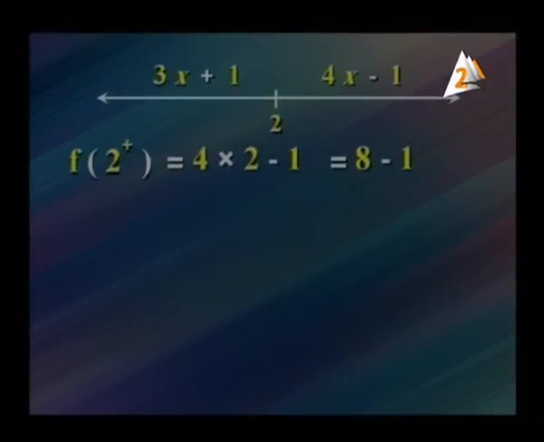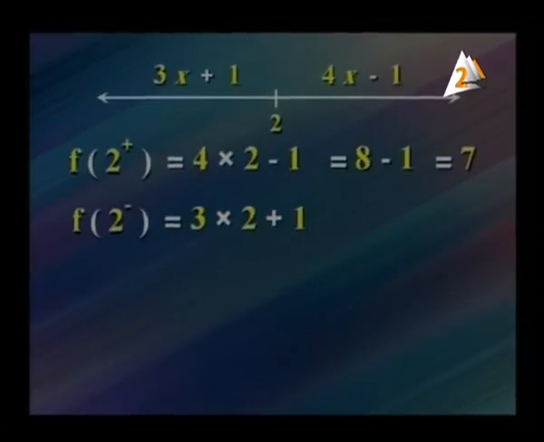Look at the opposite figure. f(2+), by substitution of x equals 2 in the right function in the graph, 4 times 2 minus 1 equals 8 minus 1 equals what? 7. f(2−), by substitution of x equals 2 in the left function.